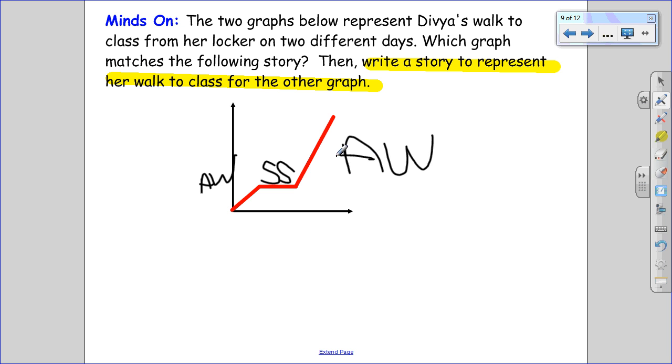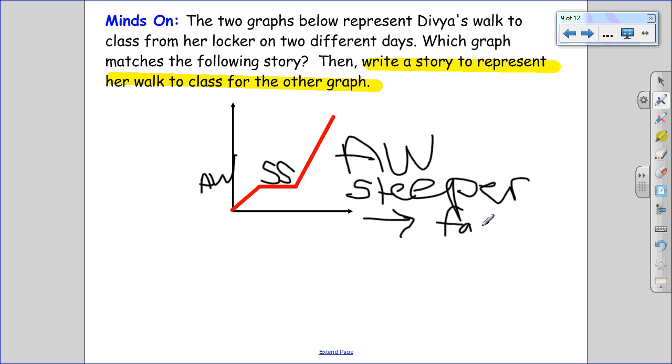So it would appear that she just walked to class and never turned around at all. If I look at my graph, this segment here is not as steep as this segment here. That segment was steeper. So that would tell me she moved faster. And in both cases, since it's a straight line, I know she's traveling at a constant speed.